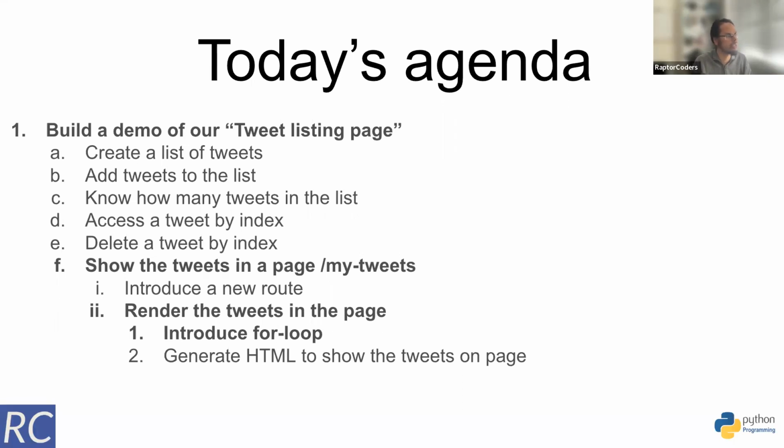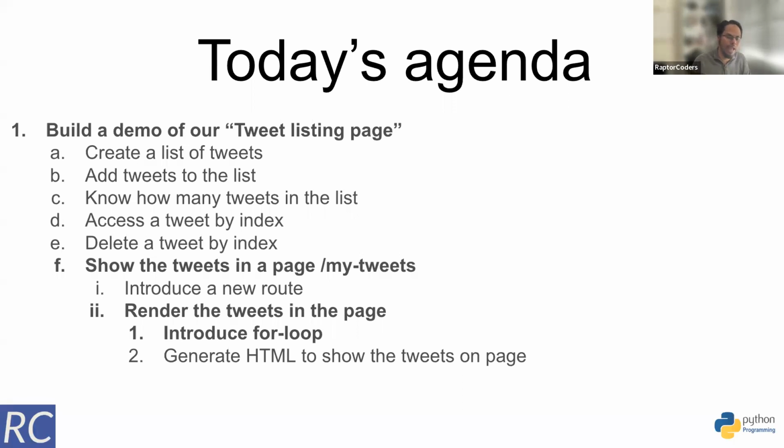But today's agenda is to show the tweets in a list. We'll take all the tweets and create a list of all the tweets. Then we'll create a page to show the tweets on that page. When we create a page, we'll definitely need a Flask route. In order to store the tweets in a list, we'll need a variable of type list.